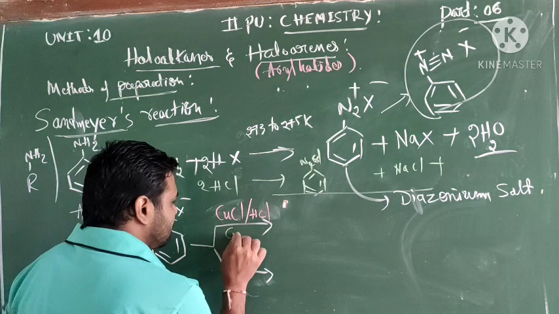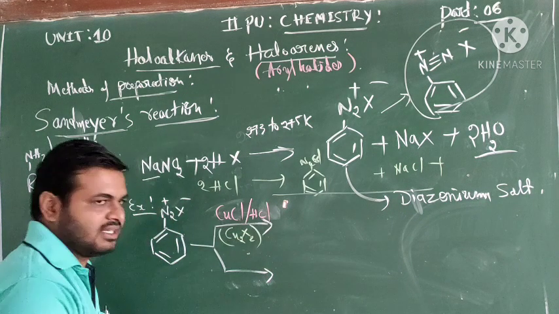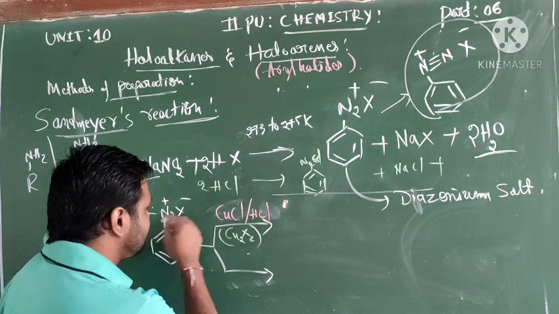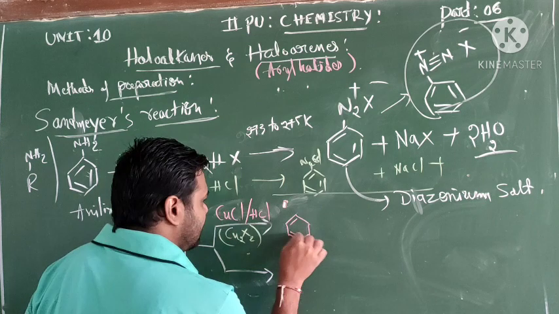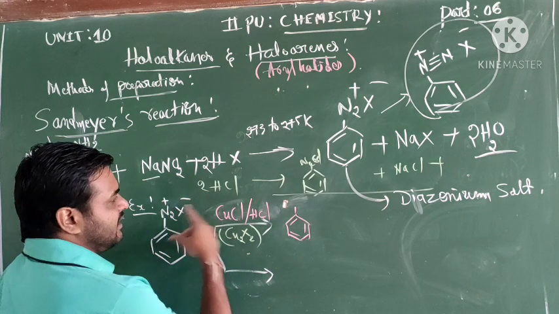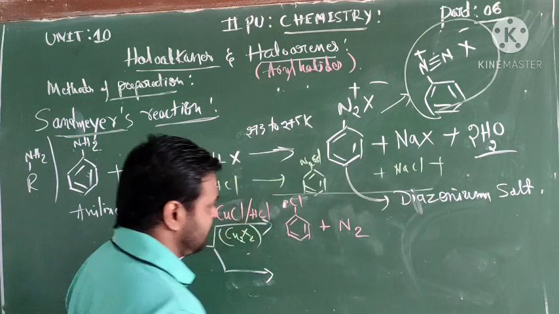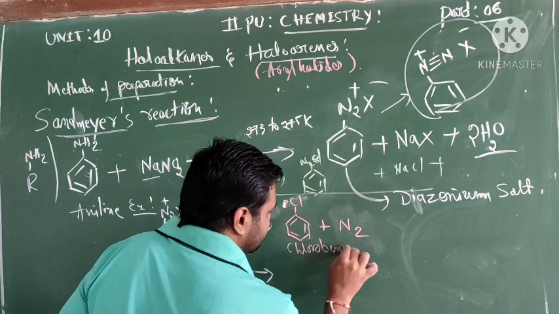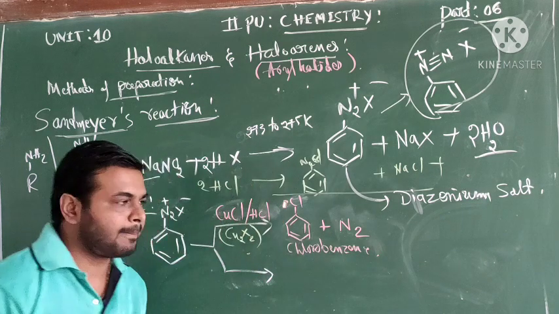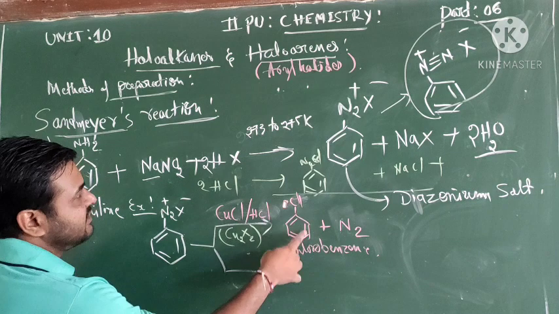Either you take cuprous halides, anything. So what do we form? You get, say, Cl. Okay? Remaining is N2. This is called what? Chlorobenzene. Okay? Chlorobenzene.